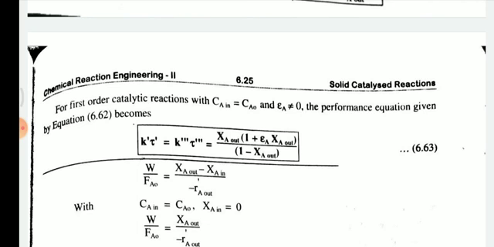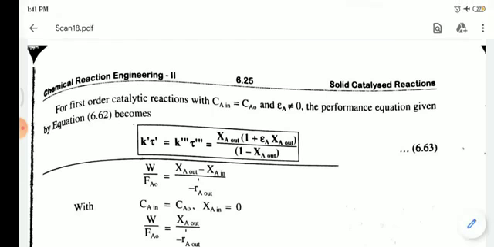So the performance equation is given by 6.62. It becomes k dash tau dash and k triple dash tau triple dash equal to Xa out, 1 plus summation of Ea Xa out epsilon A out into sigma A out divided by 1 minus Xa out.